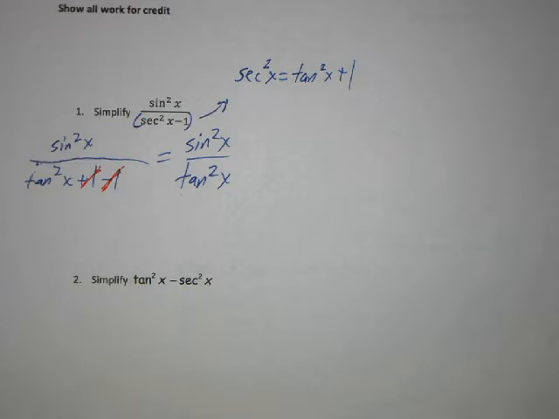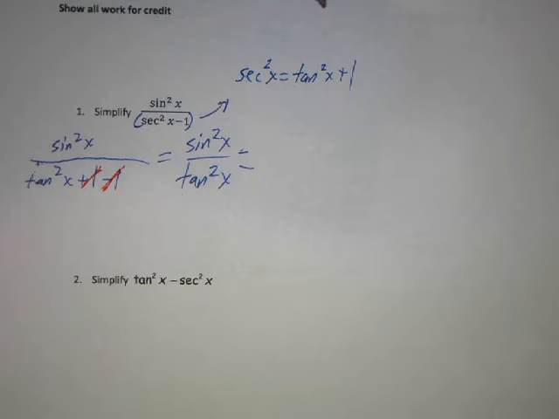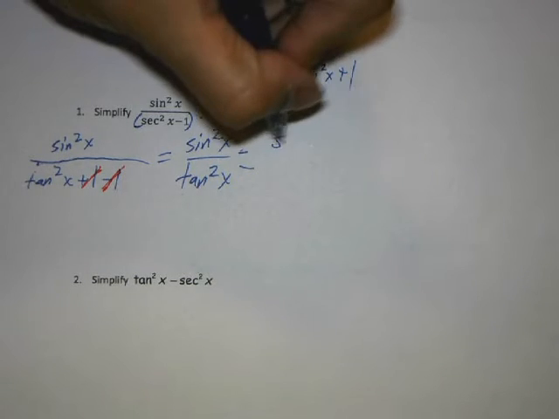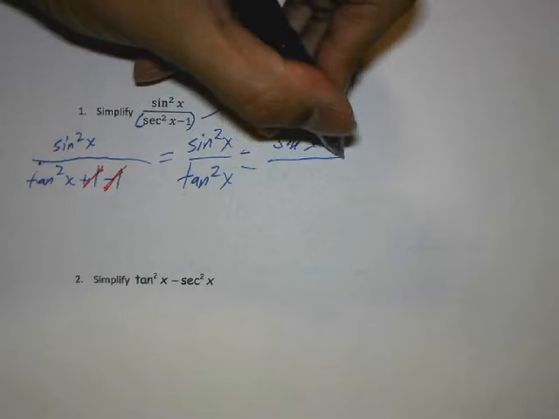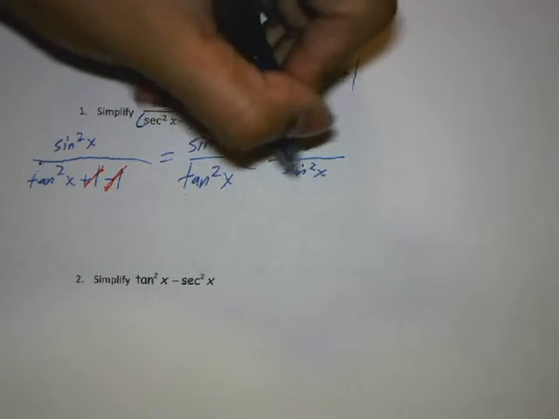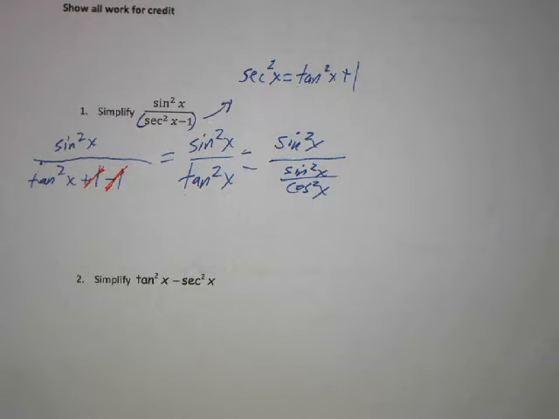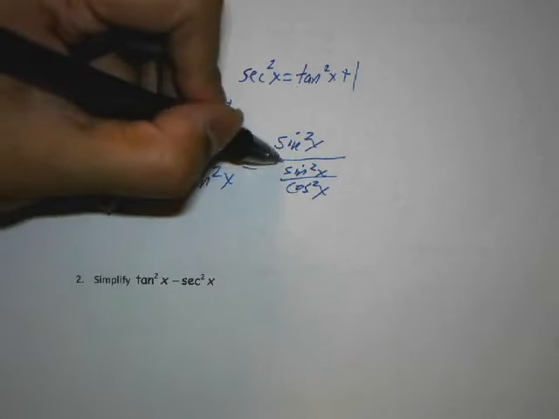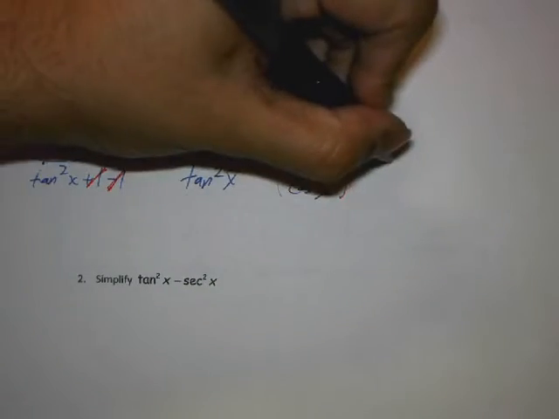Now let's change everything into sines and cosines, okay? Again, we can leave this top part alone, right? I'll have sine squared x, and on the bottom, we're going to have sine squared x over cosine squared x. Again, with these fractions, take the bottom one, flip that and multiply it.